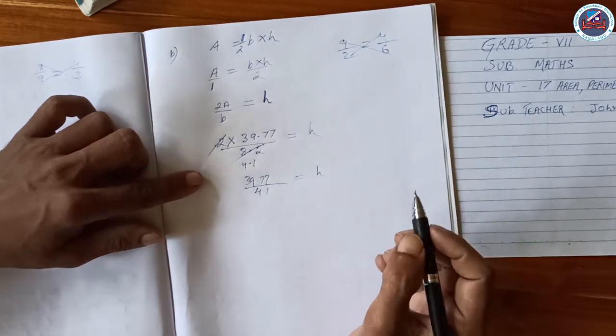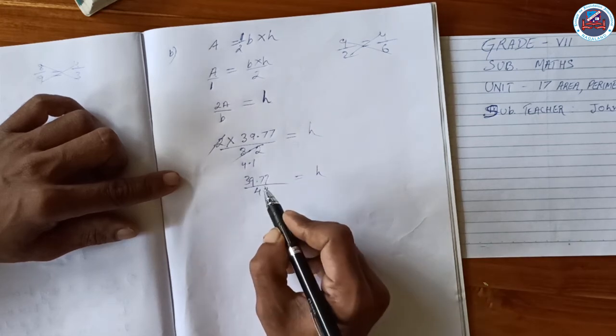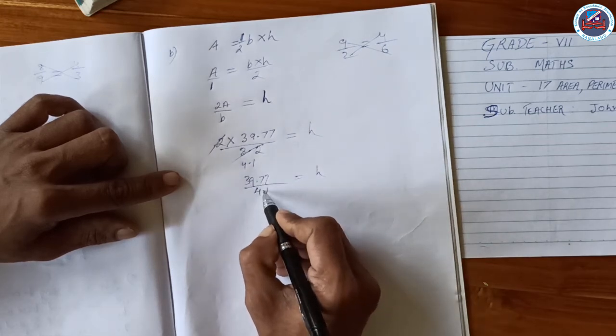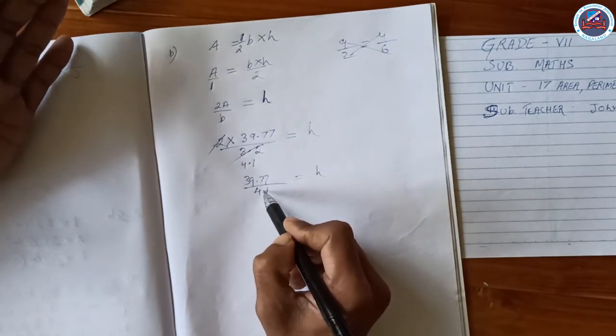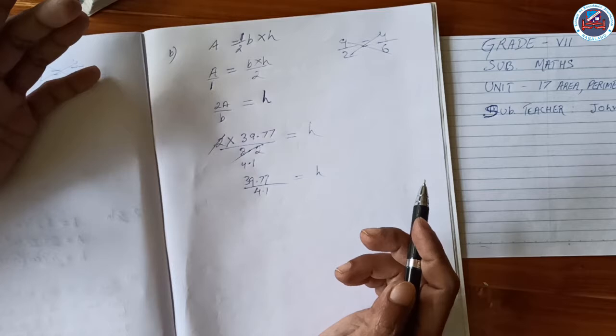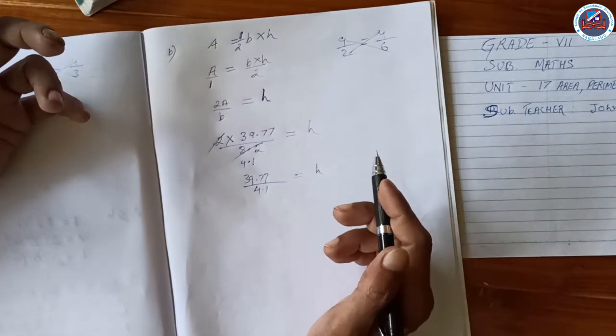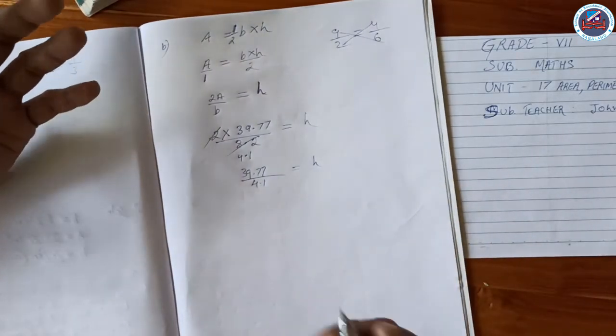Okay? If you really don't want to divide with the number having points, you can remove the points. Okay, many students are having doubts to do this, right? So remove the point.